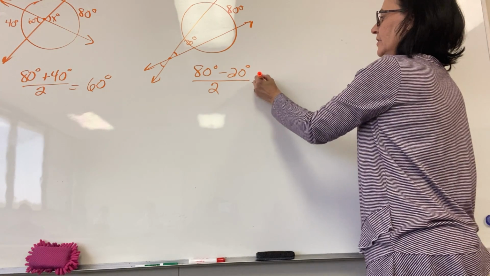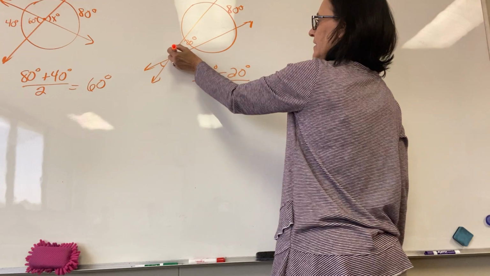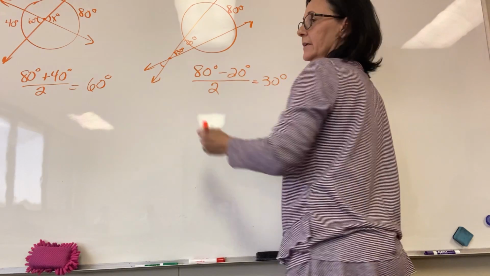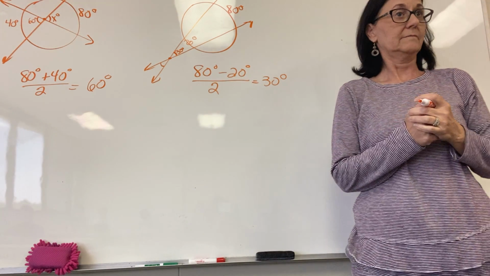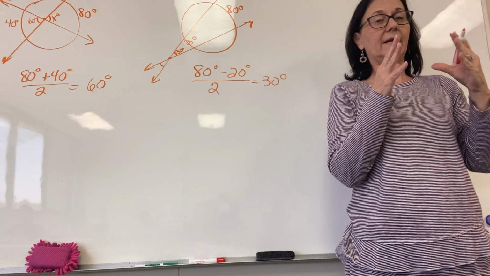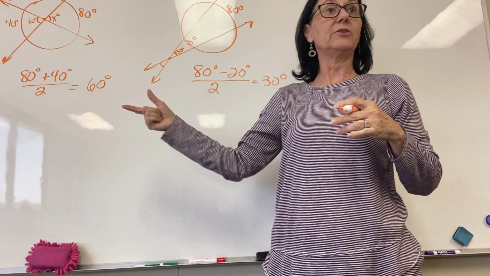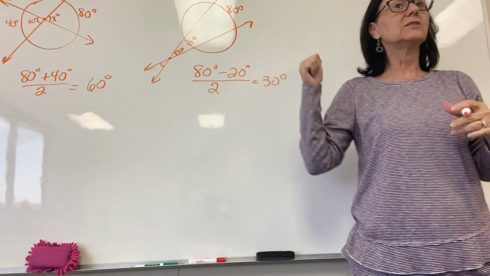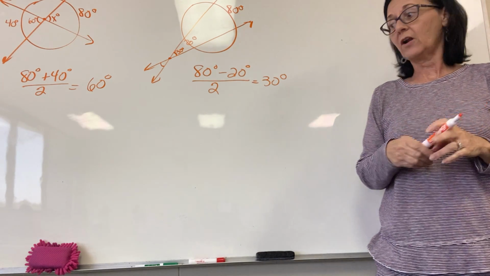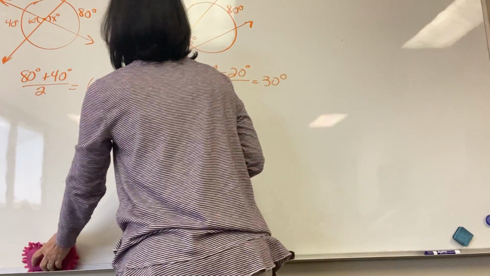So that's 30 degrees. So the measure of this angle is 30 degrees. Inside the circle, add the intercepted arcs, divide by 2. Outside the circle, subtract the intercepted arcs and divide by 2.